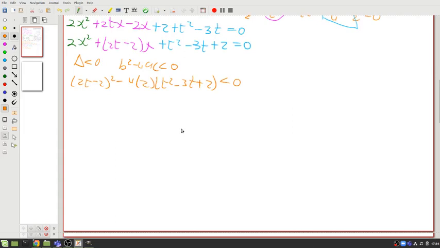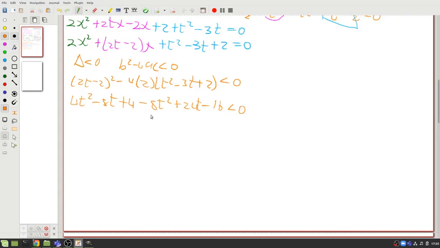Great. We're getting somewhere. So let's multiply this out. That gives us 4t squared minus 4 minus 8t plus 4. And here we've got minus 8t squared. Minus 8 times 3t is plus 24t. And then minus 8 times 2 is minus 16, less than 0.